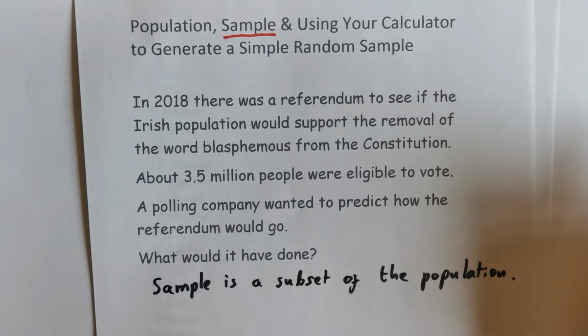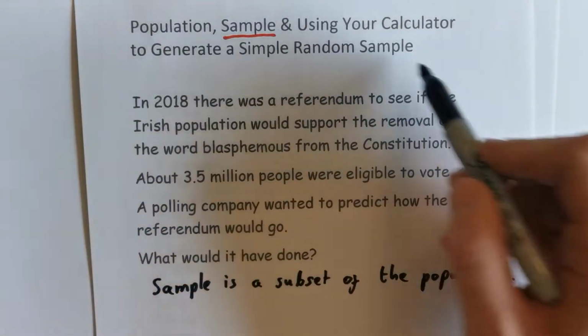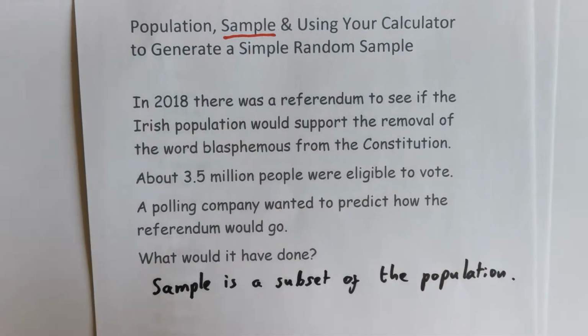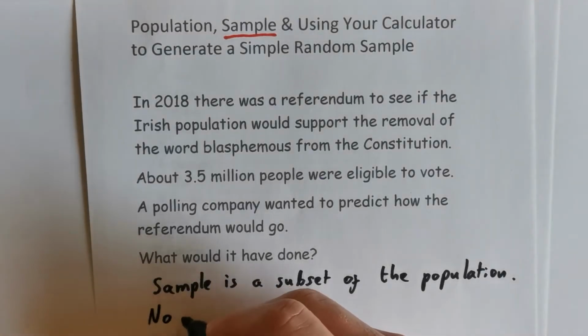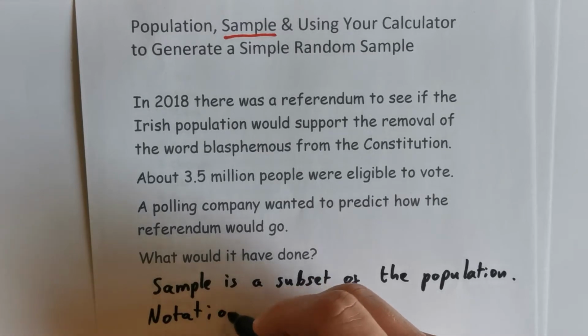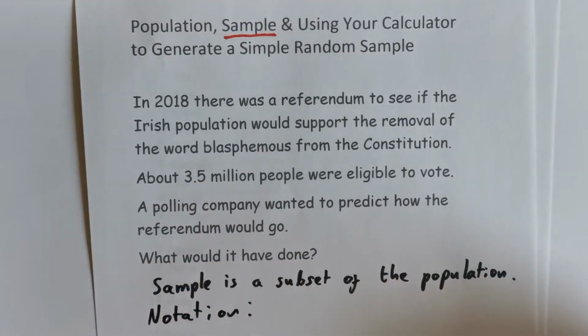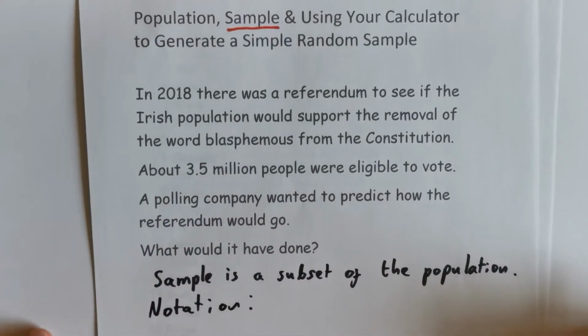So that's a sample. And there's lots of different sampling methods, and you will have looked at them. We'll be generating in a moment something called a simple random sample. A couple of other things to note is, I suppose, notation. When you're dealing with any statistics, you have to understand the notation.